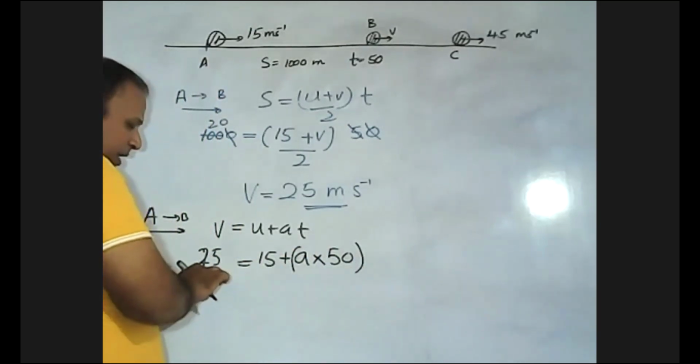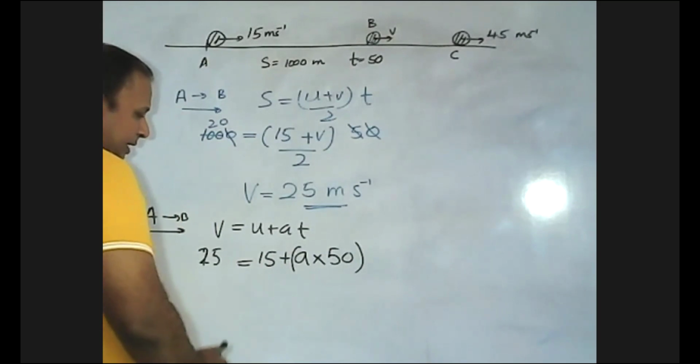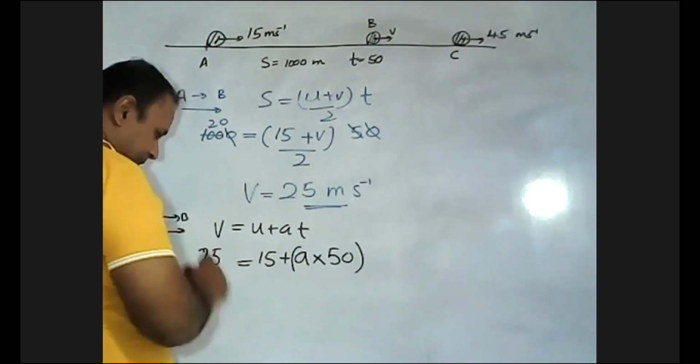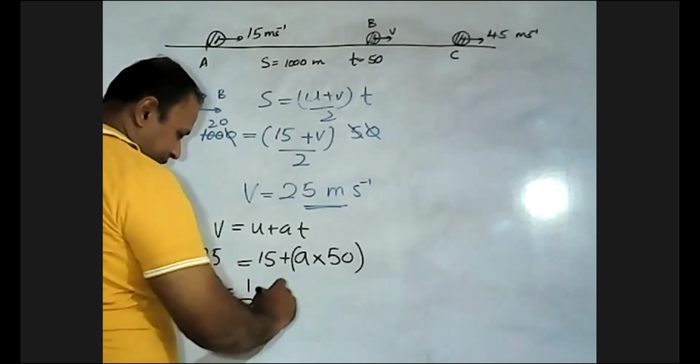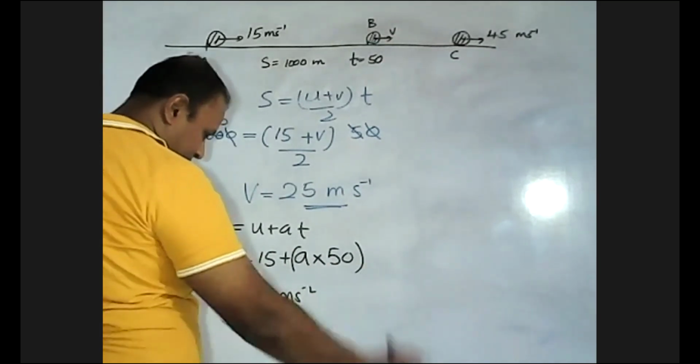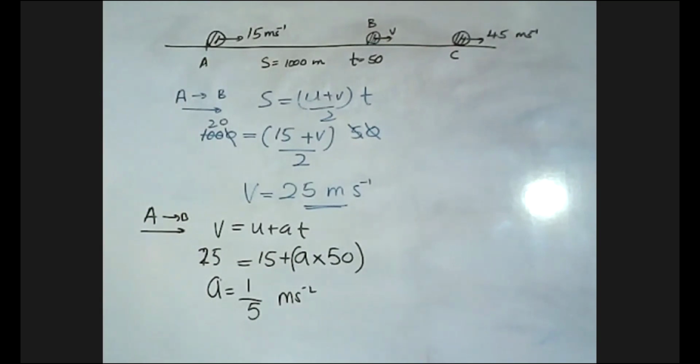This one will be 10, no? 10 equals a times 50, so a is 1/5 m s^-2. Now you know a, you know V, you know U.